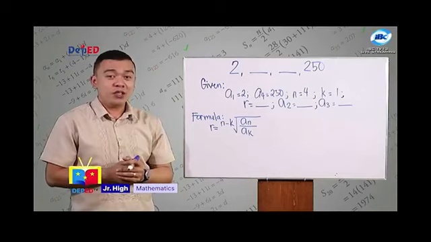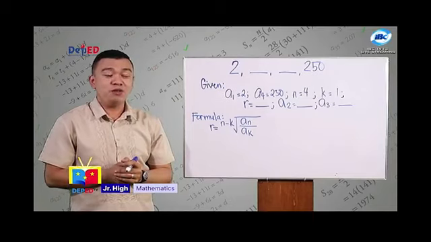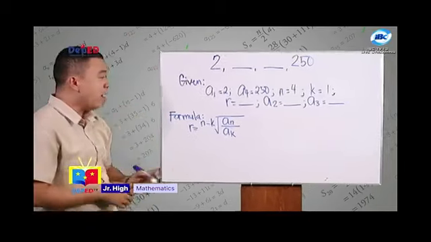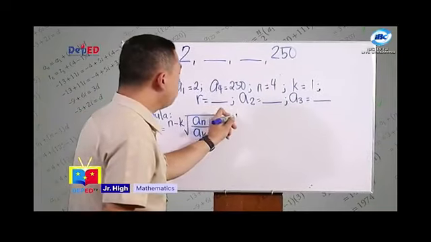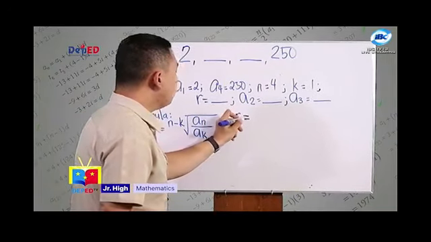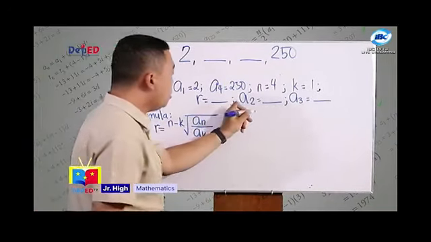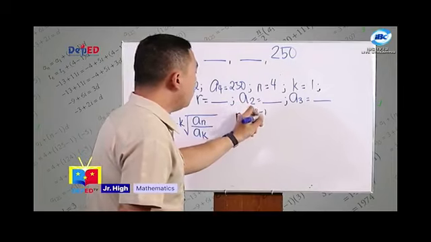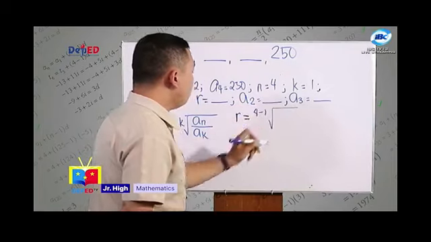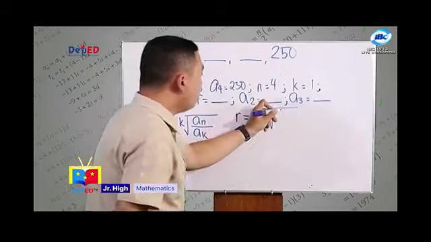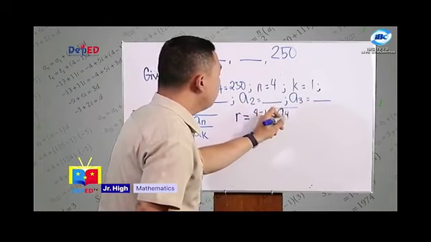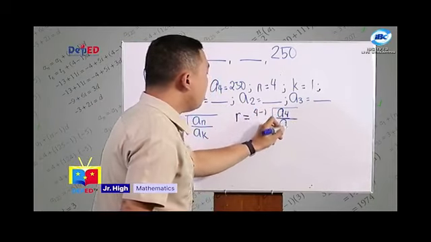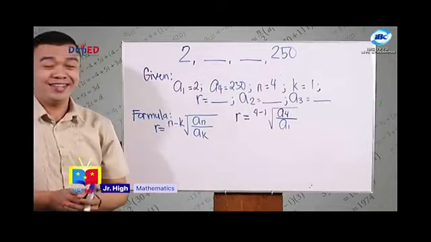Now, let's substitute the given values to the formula. We will have r is equal to, our n again is 4, minus 1, and the root of our a sub 4 divided by our a sub 1.